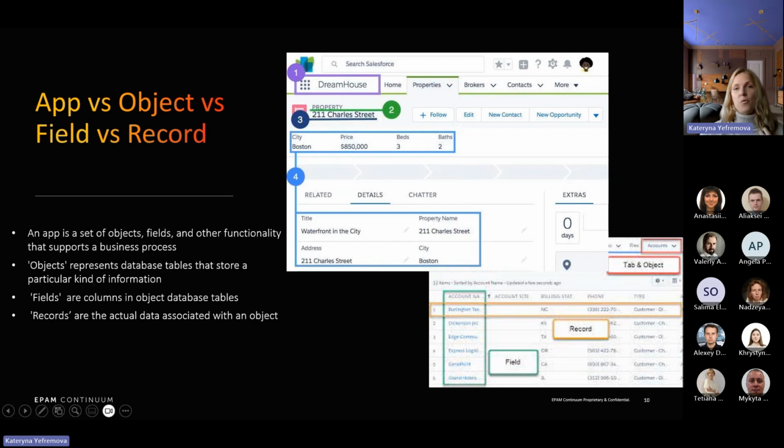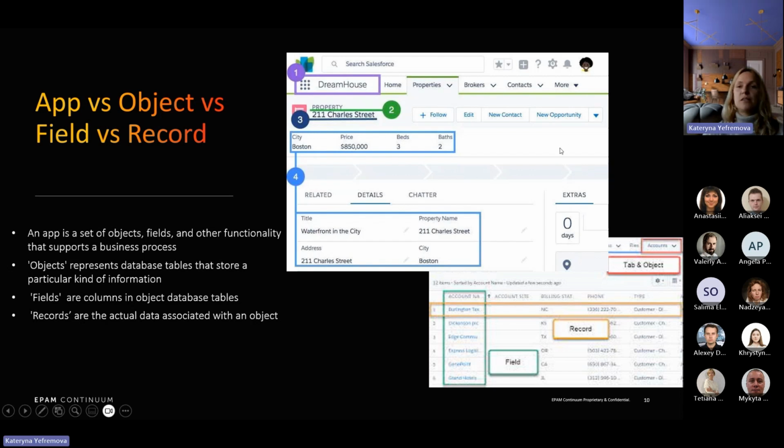So if, for example, you look at the pictures, this is an app which you can see on each tab. And then the objects would be, for example, properties, brokers, contacts, or accounts, files, and so forth.